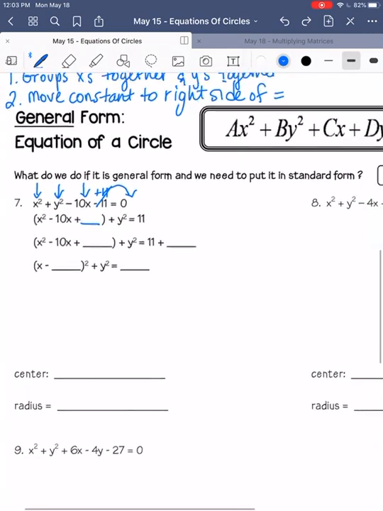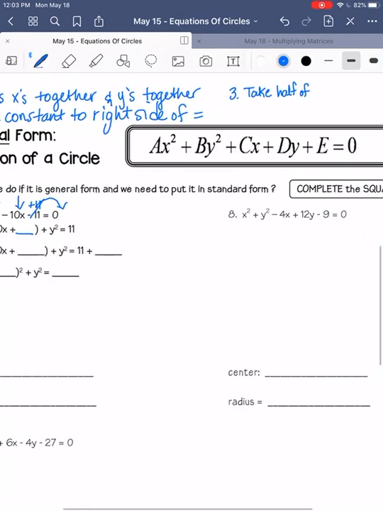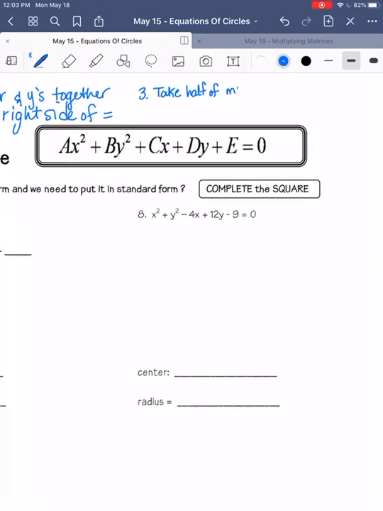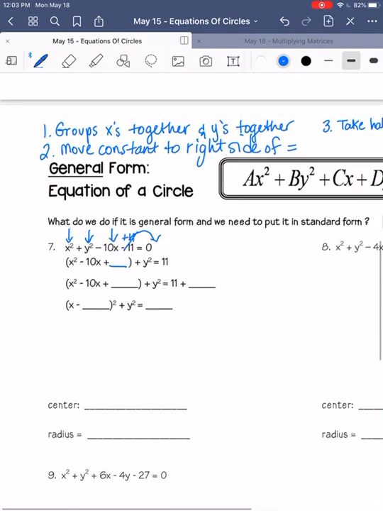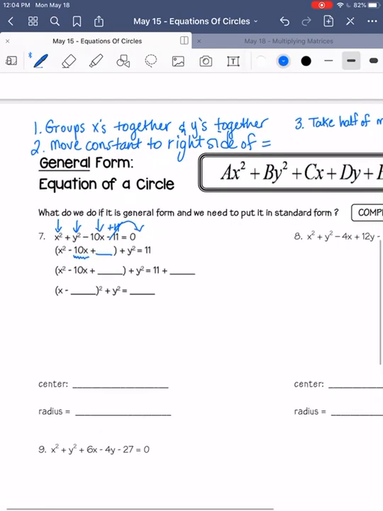All right, now here's kind of the trick. Step 3 is you're going to take half of the middle number. The middle term of this parentheses is negative 10x. We're going to take half of it.